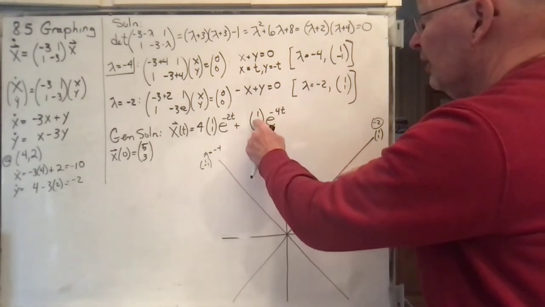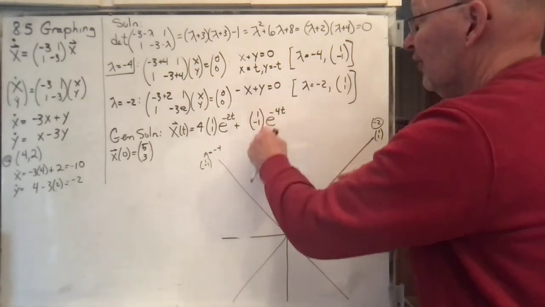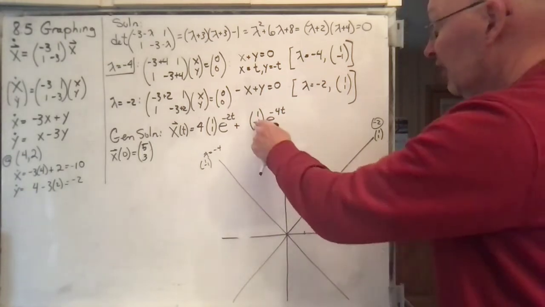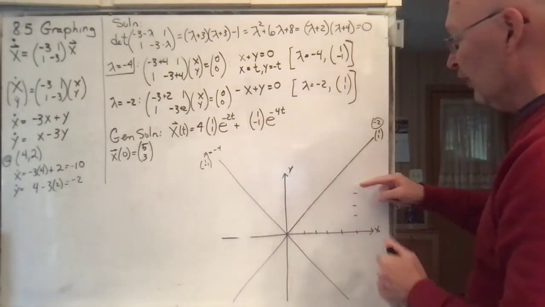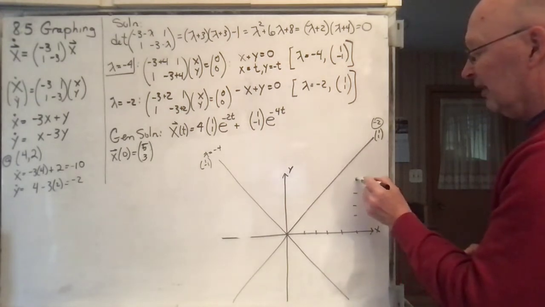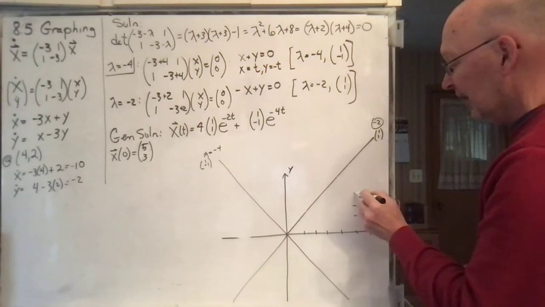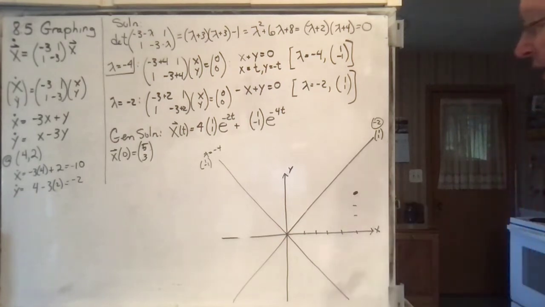So what's 1 going to be? 1 times this vector right there is going to be 1 unit in the x direction, and then -1 in the y direction. So you're going to end up right there. You're going to end up at 5, 3 by the time you're done, once you do all that correctly.